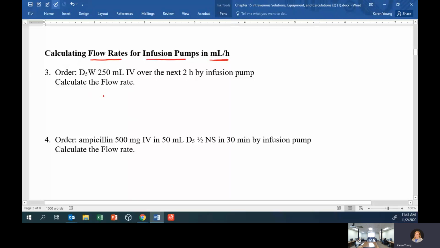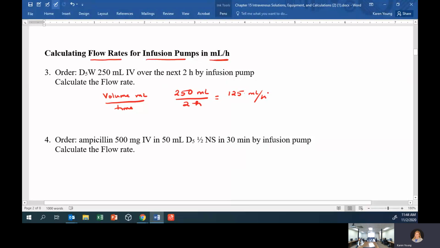To calculate the flow rate, you need your volume in milliliters over your time. And this is going to be milliliters per 1 hour. So if I've got a volume of 250 milliliters and it's over 2 hours, 250 divided by 2 gives me 125 milliliters per hour.